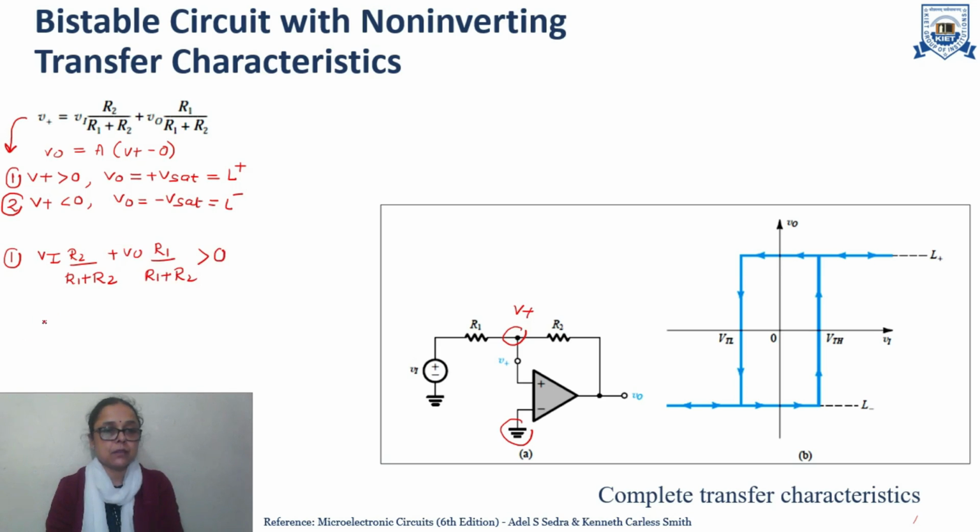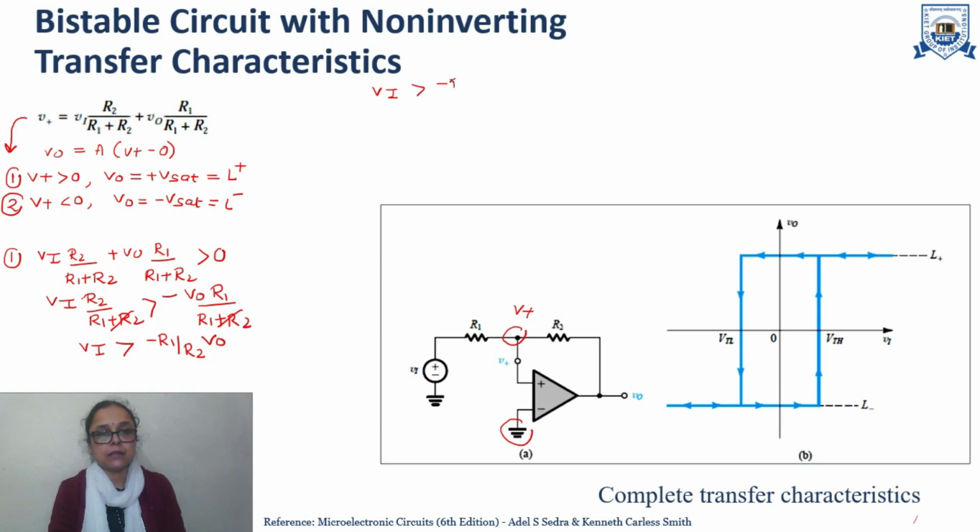So, from this we will get Vi times R2 upon R1 plus R2 greater than minus of Vo R1 upon R1 plus R2. So, these two terms will be cancelled out. So, Vi should be greater than minus R1 upon R2 multiplied by Vo, or it can be written as Vi greater than minus R1 by R2, and Vo is plus Vsat.